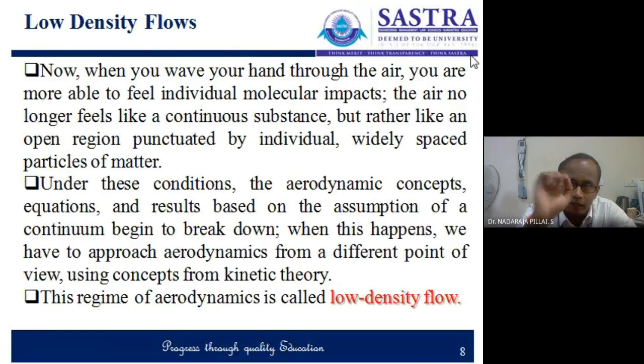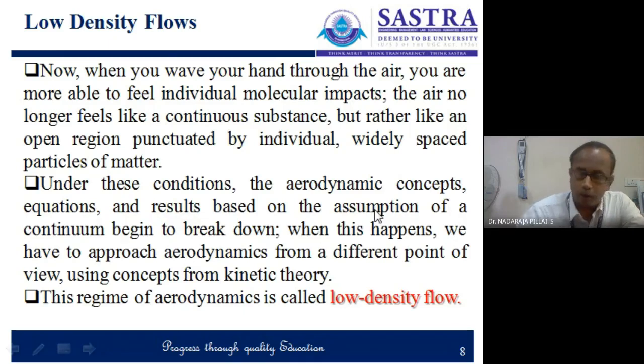So one molecule hits your hand, and the second molecule is probably 1 foot away. In this case, the basic aerodynamic concepts and assumptions fail, and hence we go for a different point of view and use the concept of kinetic theory. This regime of aerodynamics is called low density flow, right?